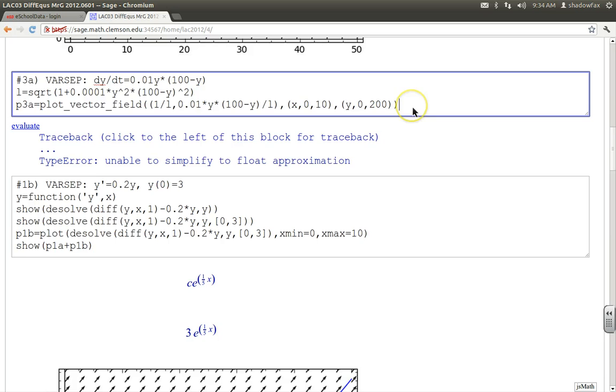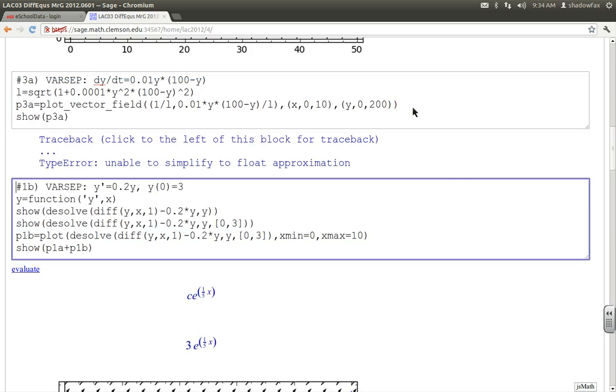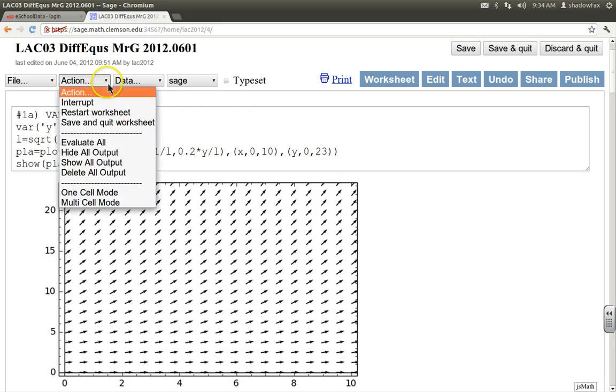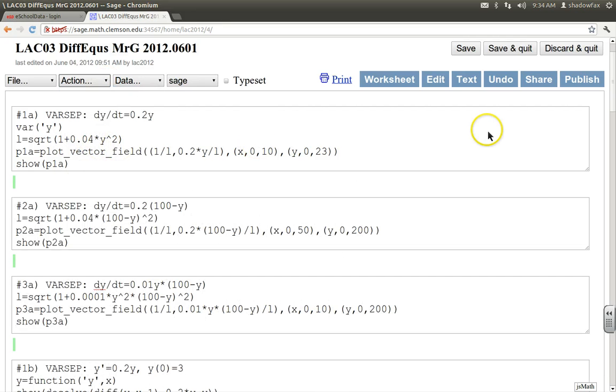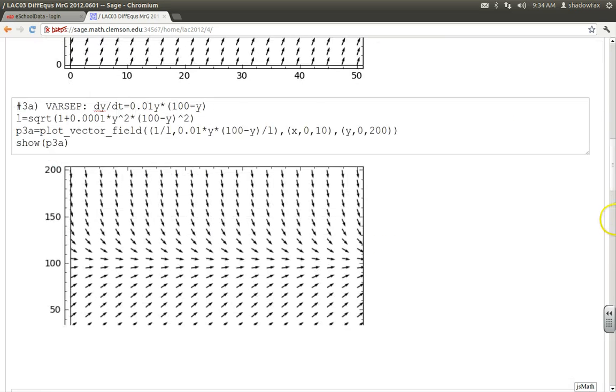But if I show it, P3A, whoops, what happened now? Damn it. It's not doing the squirt. Why? Ugh, reevaluate. Why is it doing this? It shouldn't have to reevaluate all this stuff all the time. There it is, okay.